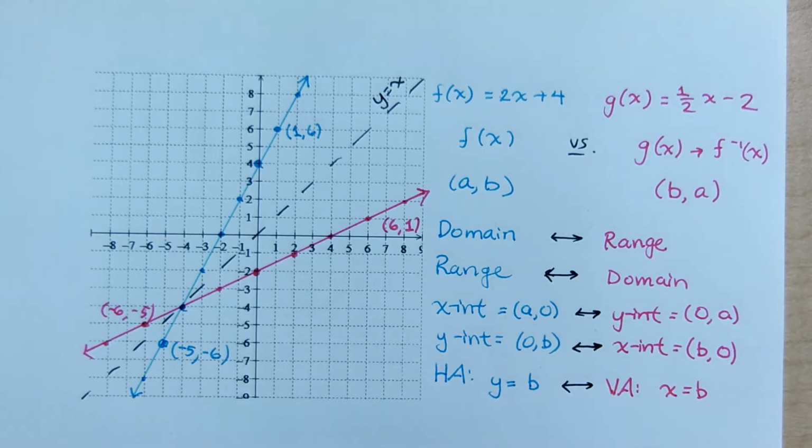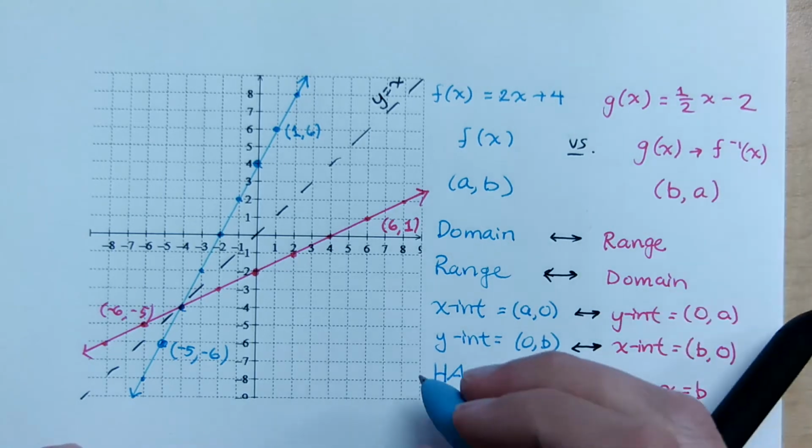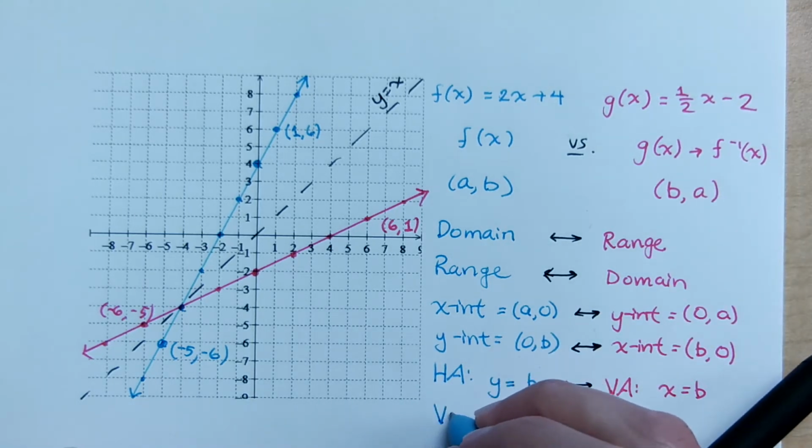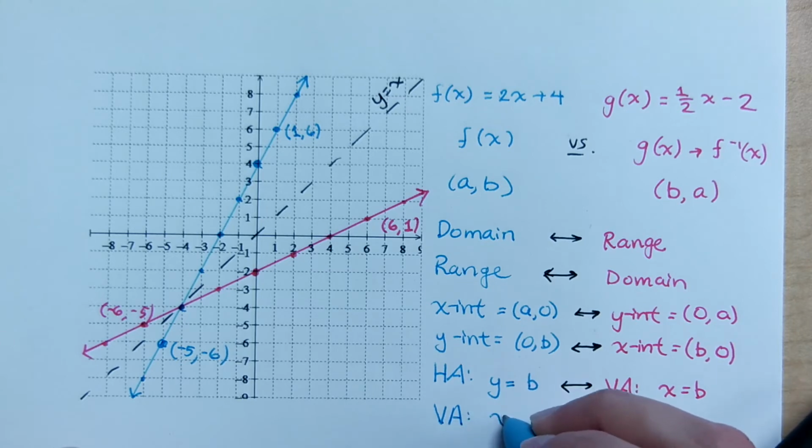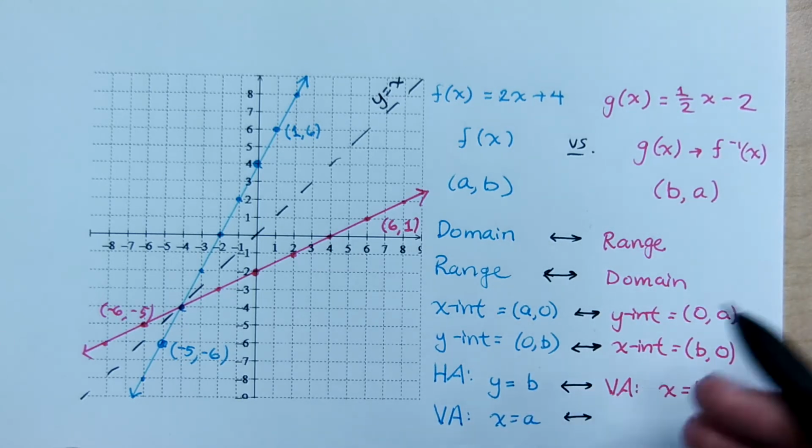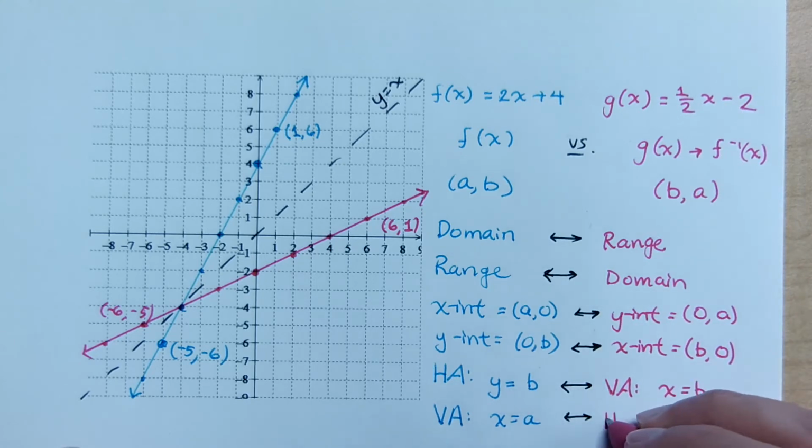Things are getting all topsy-turvy here. X becomes y, y becomes x. So if you have a vertical asymptote for a function, let's call that x equals a, then what would that give you for its inverse? It'll be a horizontal asymptote at y is equal to that value. Okay? So that's how it's going to go.